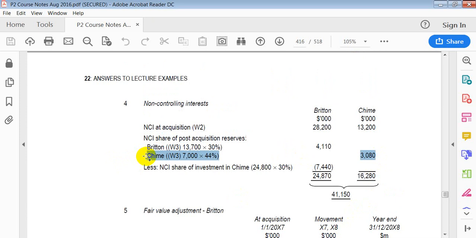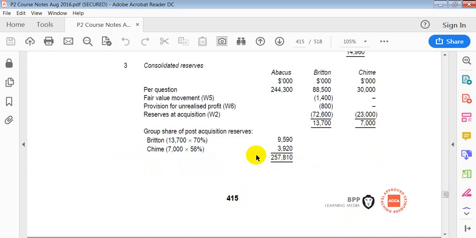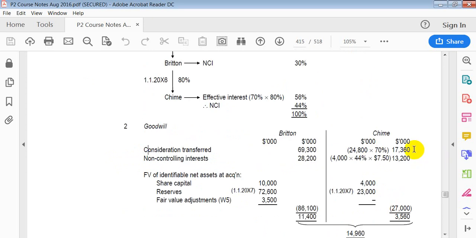Now remember, in the goodwill, we had taken only 70% of the consideration.